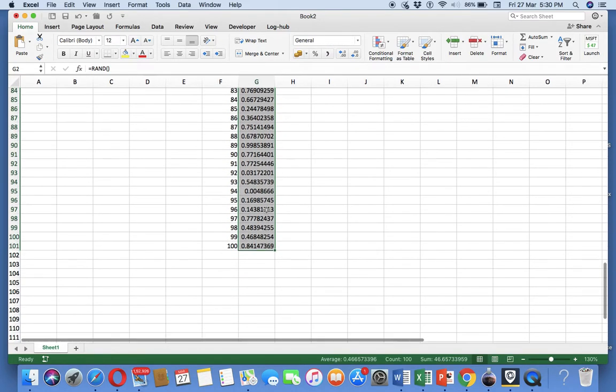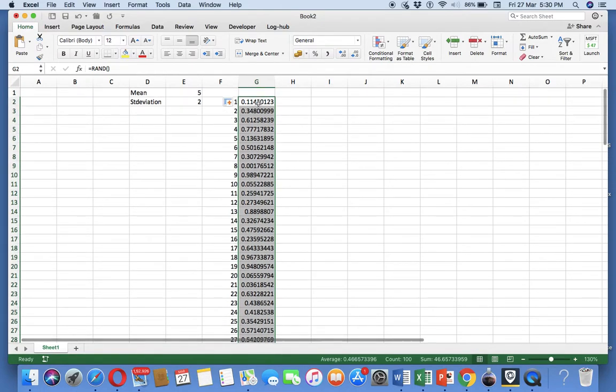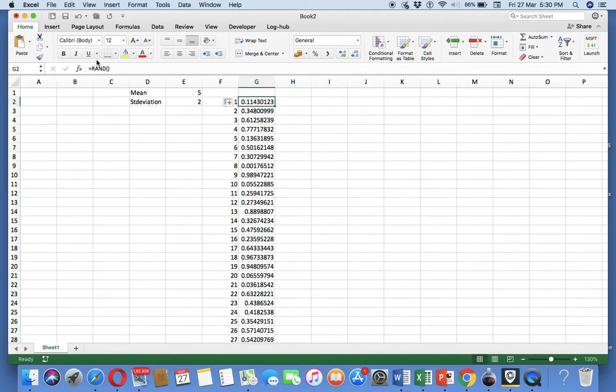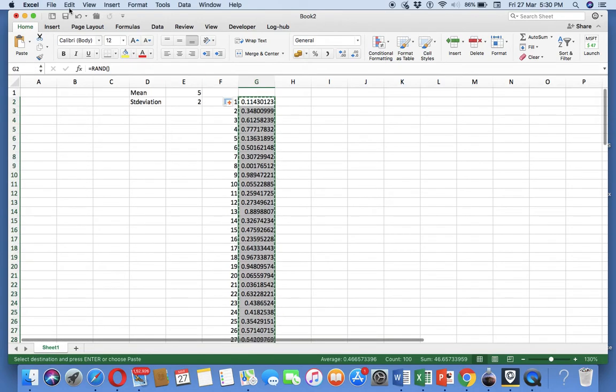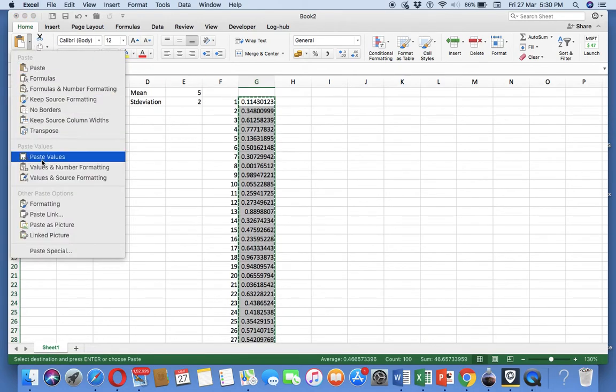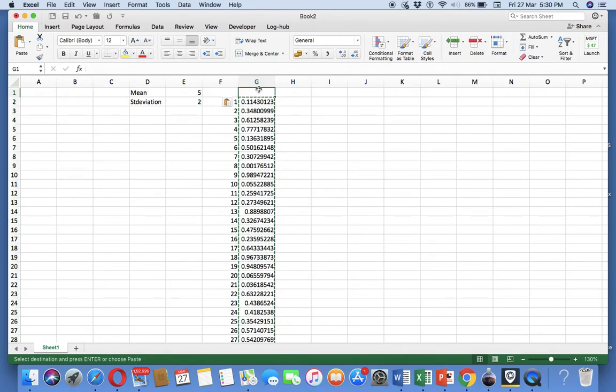Once the random numbers are generated, I need to remove the formula, as you can see. So I do a copy, go to paste special, select values and say okay. And these are my random numbers.